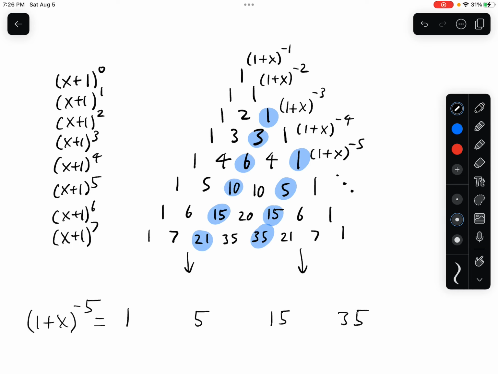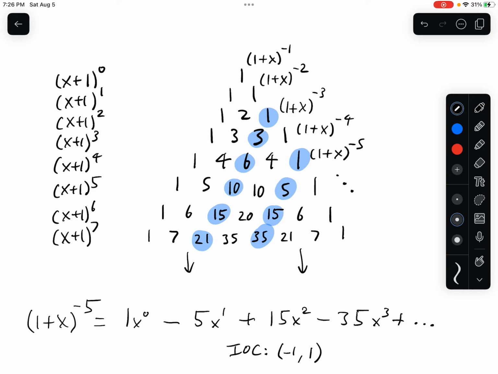And we can write x to the 0, x to the 1, x to the 2, x to the 3, and then we can alternate the signs. We have positive, negative, positive, negative, positive, and etc. And by the way, the interval of convergence for all of these will always be -1 to 1.